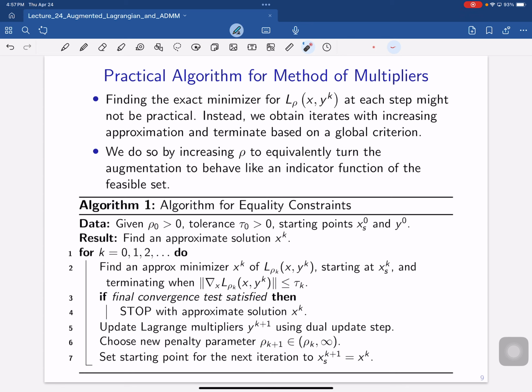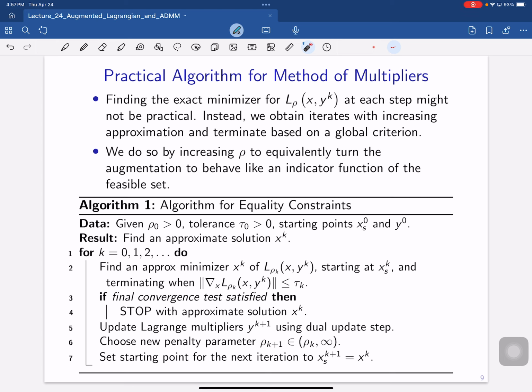Because if you want to satisfy the primal constraint AX equals B, you would want this penalty to be large such that you can guarantee strict feasibility. So imagine if your penalty is infinity.